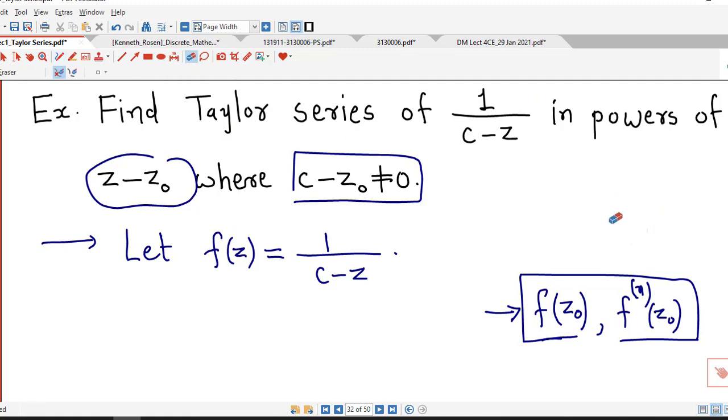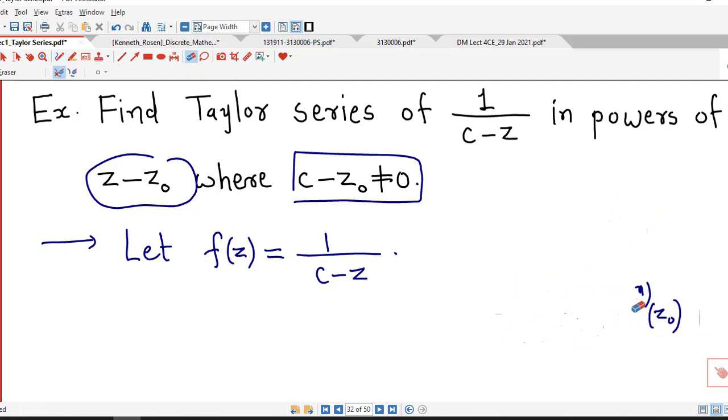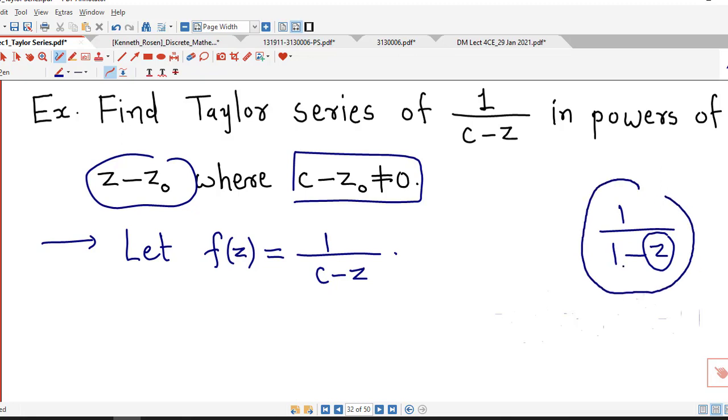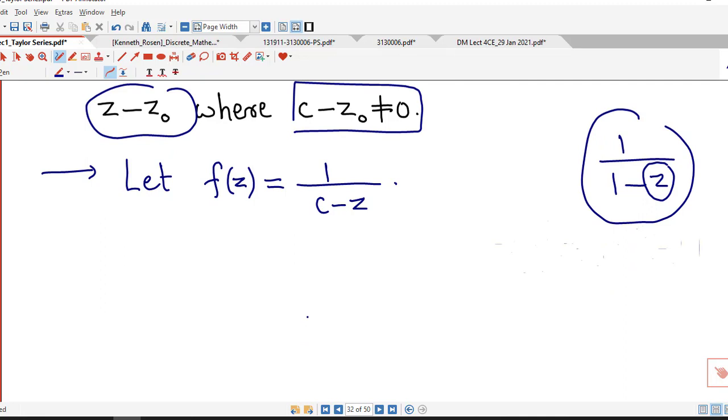But we are not going by Taylor's theorem, we are going to use the Maclaurin series expansion of the function 1 over 1 minus z. So first we have to express our function in this form, 1 over 1 minus something. So let's try to express our function in that form.